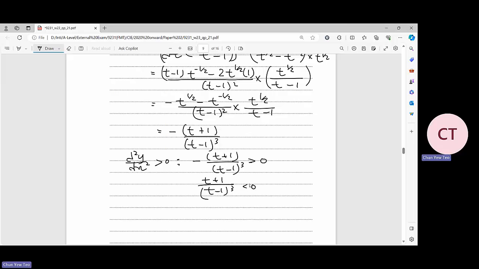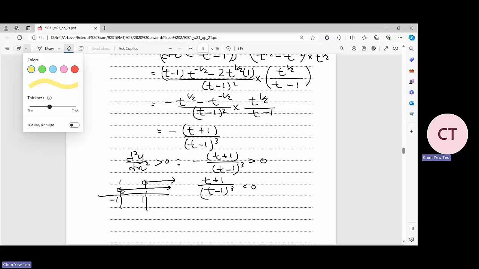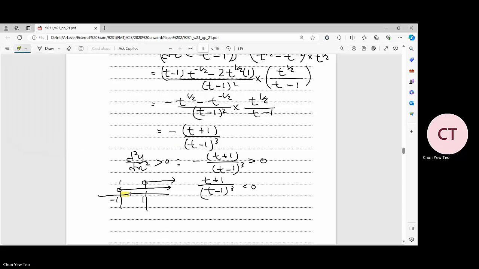Okay, so from here, we can have a quick check. This is negative 1, this is 1. So from here, you can see that if you want it to be negative, then your answer will be here.